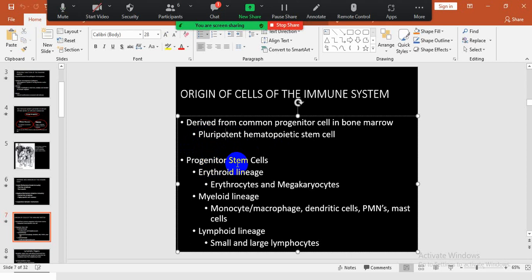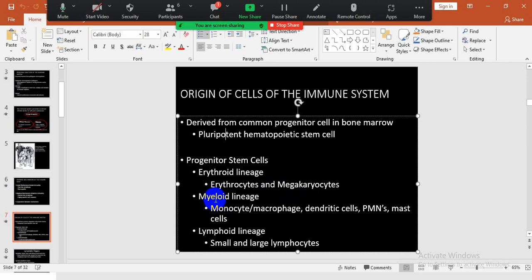So we have the progenitor stem cells. The first one is what? The erythroid lineage. The erythroid lineage gives birth to what? Erythrocytes. Even look at the name, erythroid. Erythrocytes. Then we have the megakaryocytes. Megakaryocyte produces what? The platelet.